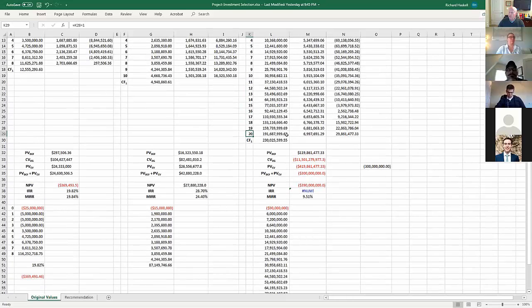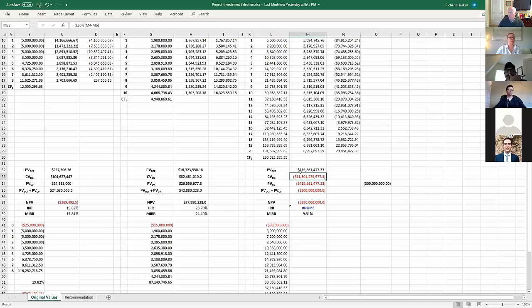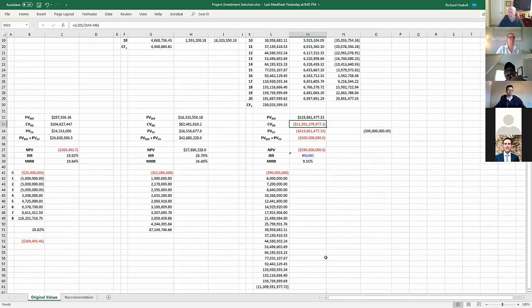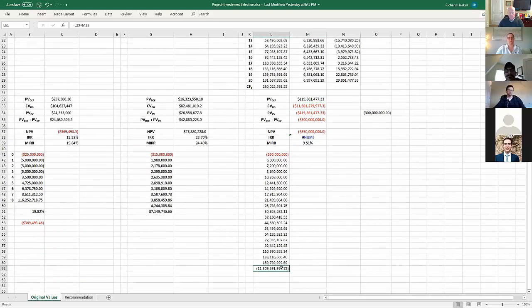So I'm going to take this present value for year 20 as a cash flow, and this present value for year 20 as a benefit, and I'm simply adding them together.